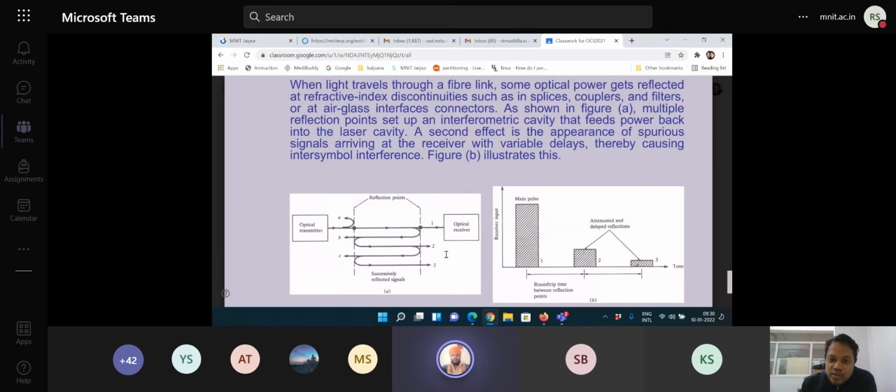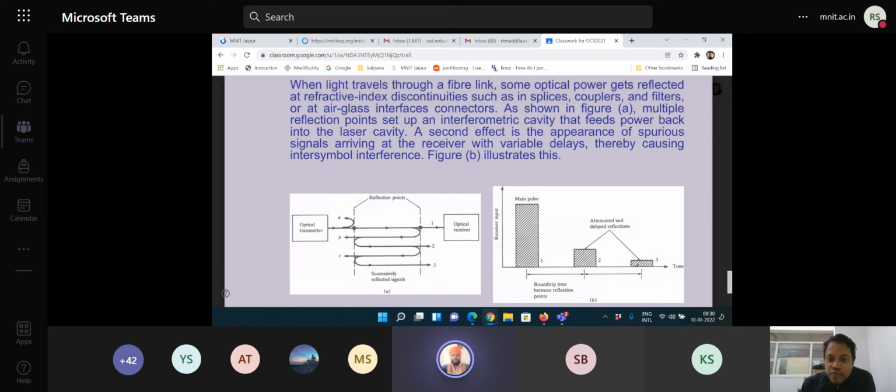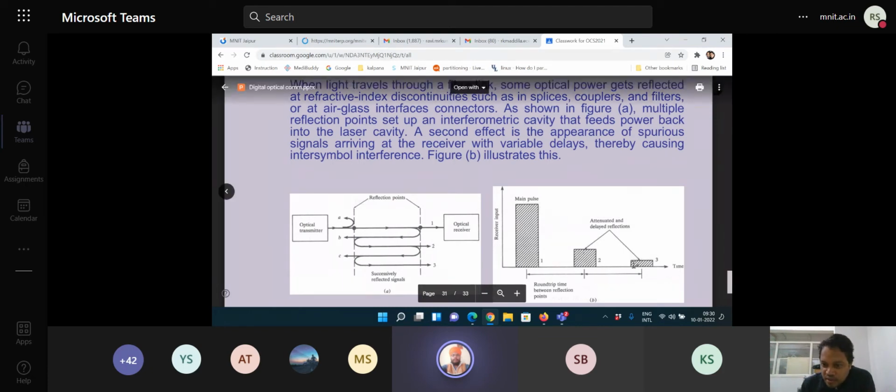So the amplitude of this reflected signal would be much lower, and if you consider that there are even more reflections, then it's possible that after a certain instant of time you'll have another reflected pulse.